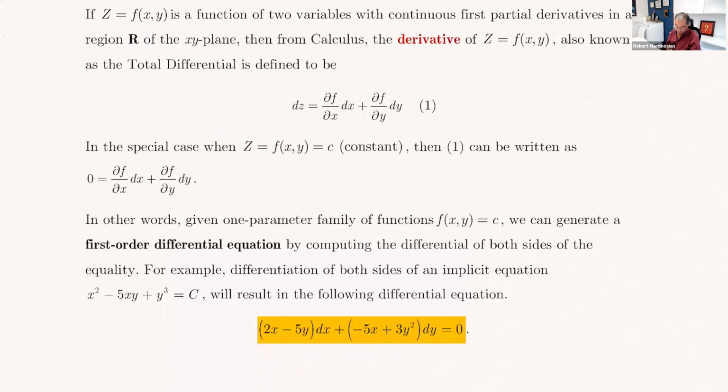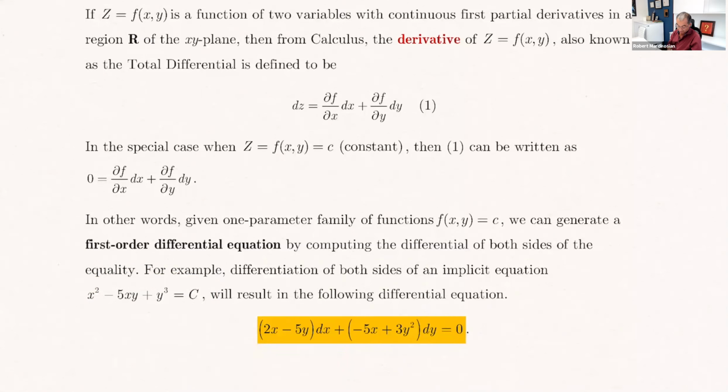let's take this example, where we have this expression equal to a constant. If I say this is f(x,y) and calculate the partial of this expression with respect to x, it's going to be 2x minus 5y. That's what we have here, the partial of f with respect to x times dx.